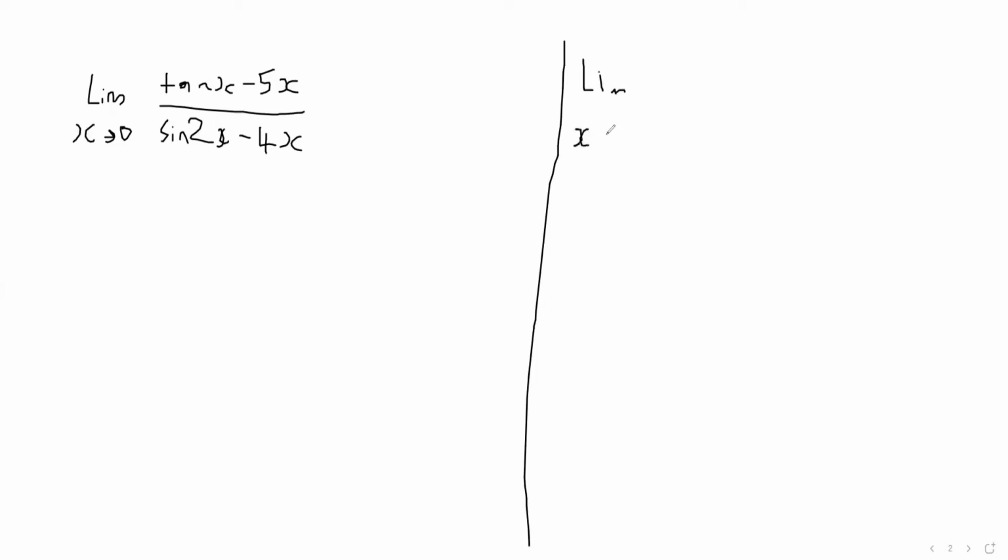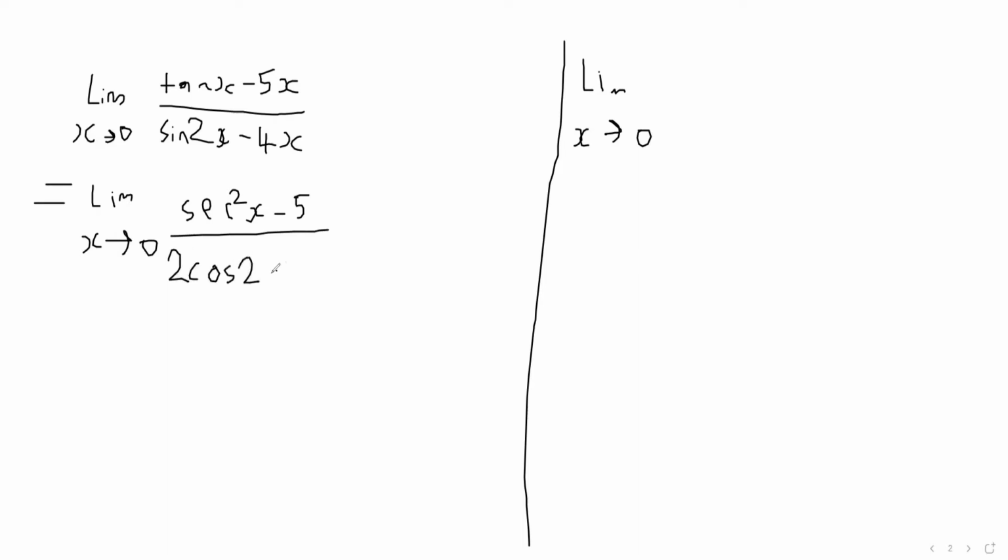Using L'Hopital's rule, this becomes the limit as x approaches 0 of, when you differentiate tan, you get sec squared x, and we differentiate 5x, we get minus 5, divided by, differentiate sine, we get 2 cos 2x, and differentiate 4x, we get 4.